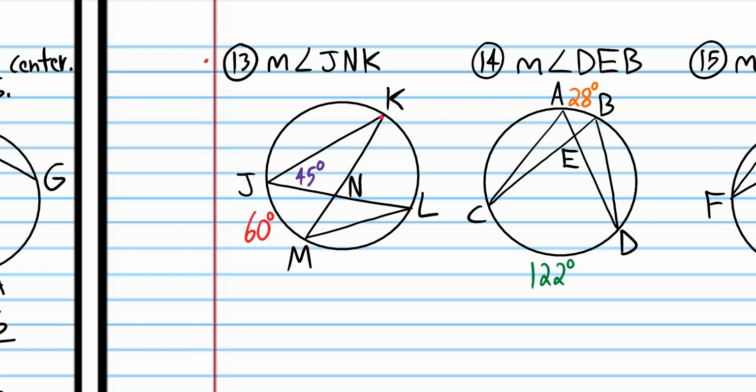So what we're going to do is observe this triangle here, and use the triangle sum theorem to find this angle. The problem is we can't use the triangle sum theorem because we don't know this angle. But actually we can easily find that angle because we know that this intercepted arc is 60 degrees.